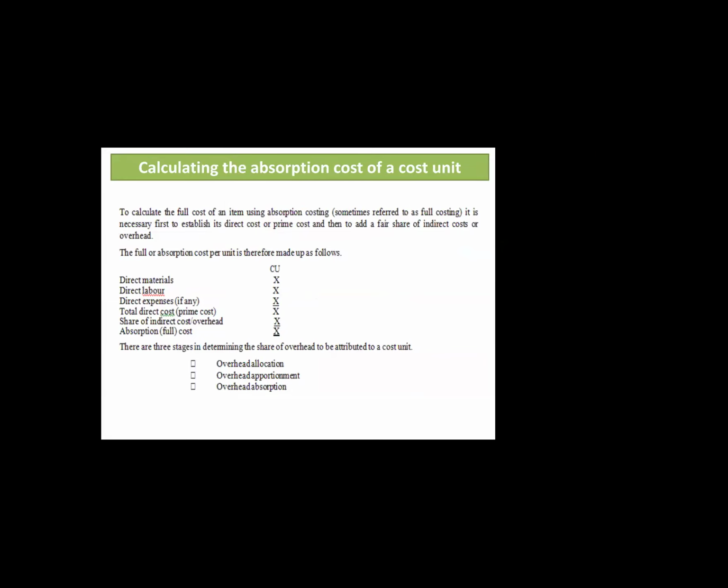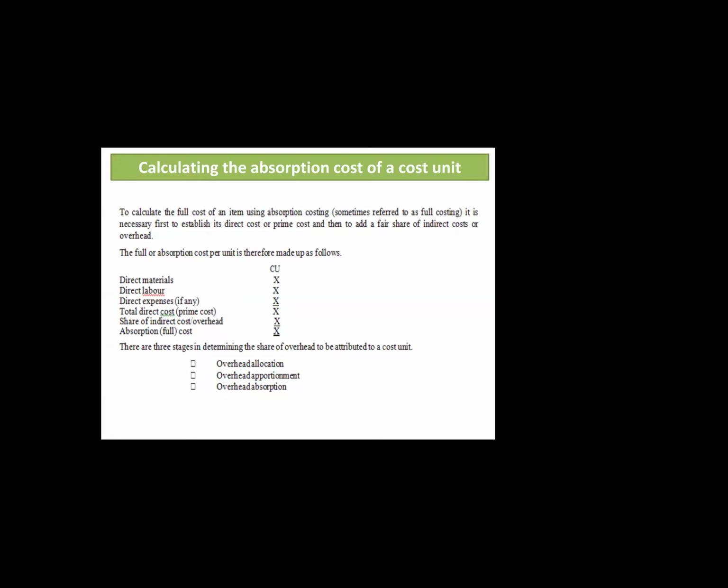In the last chapter we saw that the cost of a product would be direct material, direct labor, other direct cost, equal to total cost or full cost. But under absorption costing, one additional thing is added: a share of indirect cost.